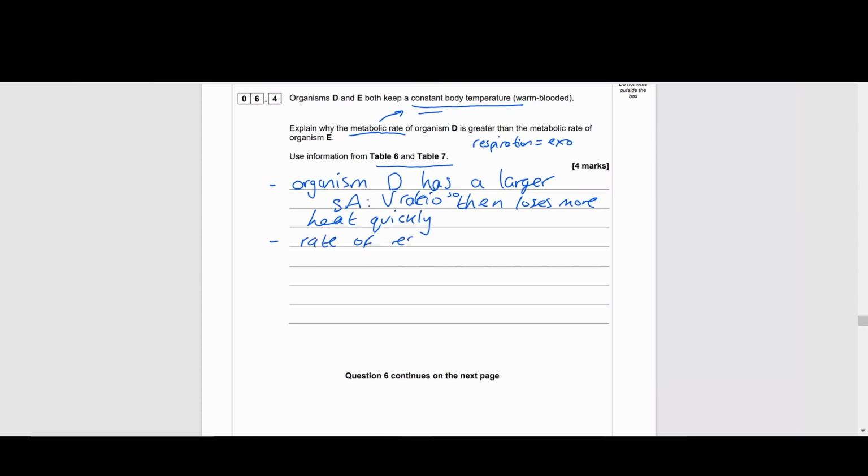So that would then mean that the rate of respiration will need to be higher in organism D. Let's make sure that we make it clear that respiration is an example of a metabolic reaction. So it will need to keep carrying out this respiration to keep itself warm by producing more heat.